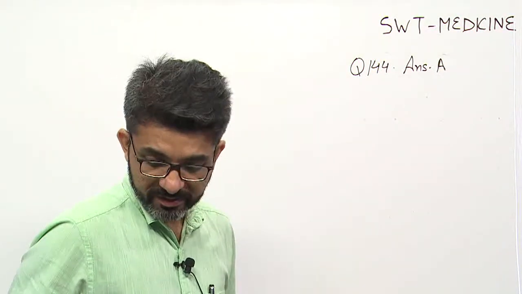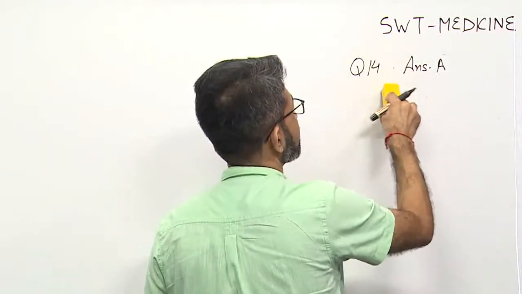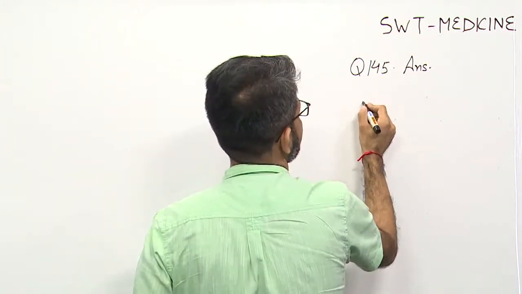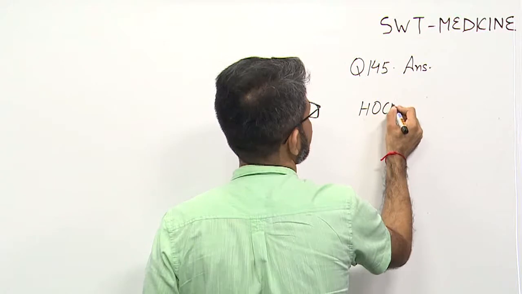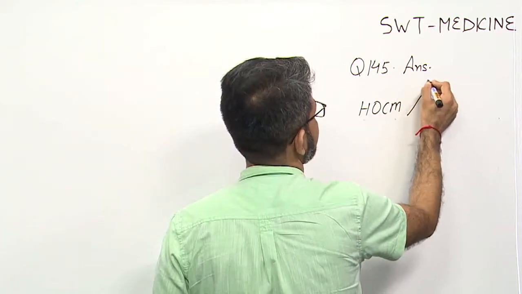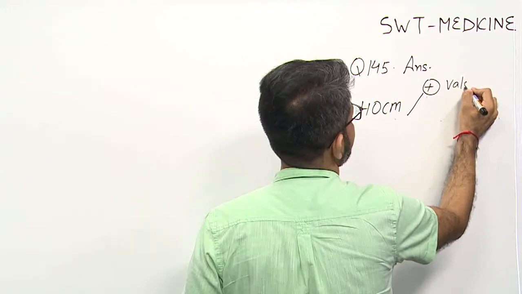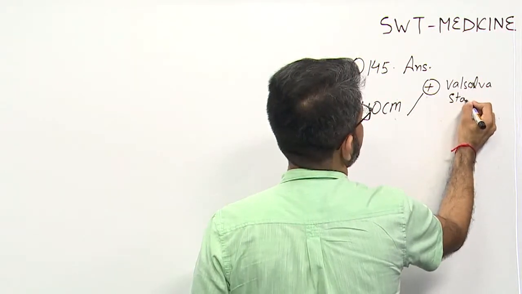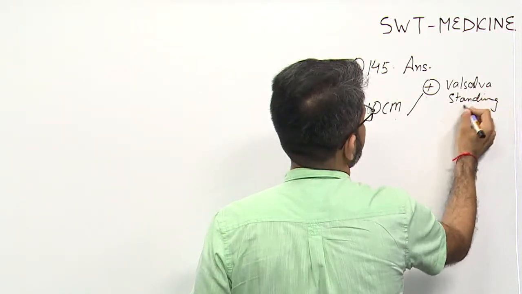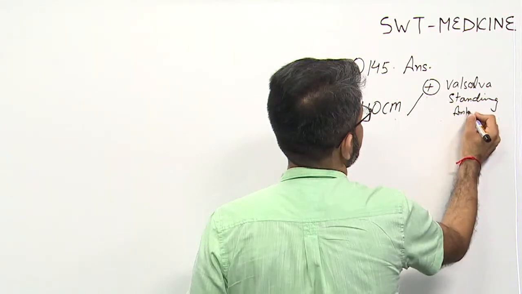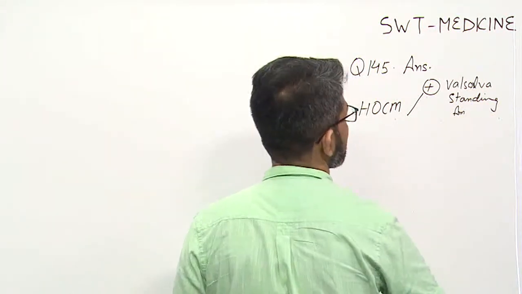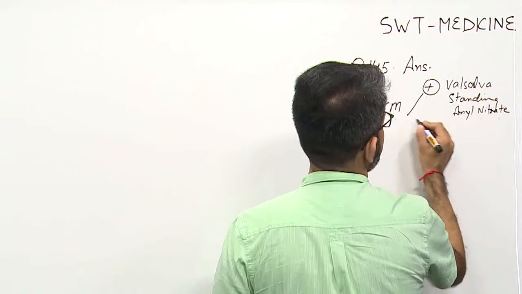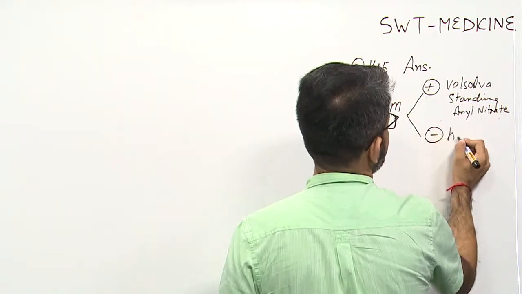Similarly, question number 145, again for HOCM. Remember something about HOCM, that HOCM murmur increases by Valsalva, standing, amyl nitrate, inhalation, and decreased by hand grip.